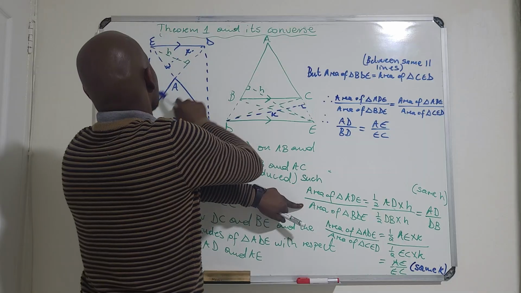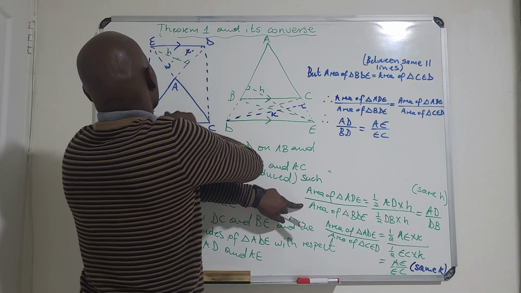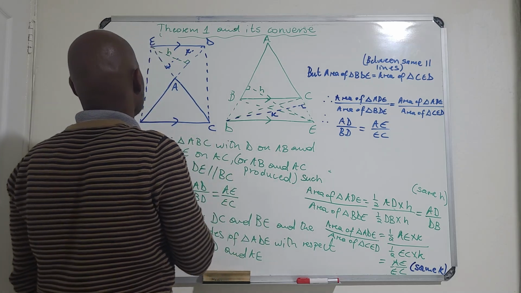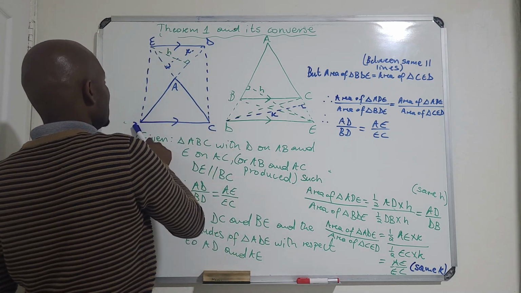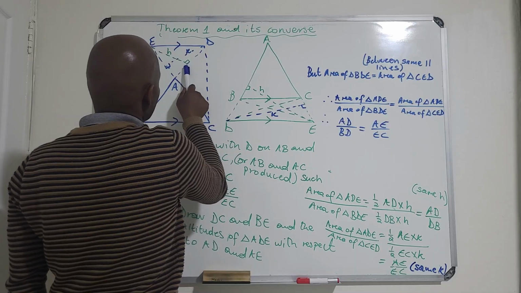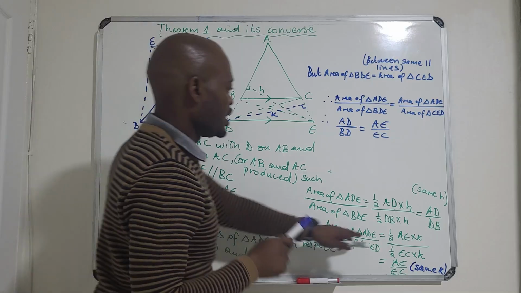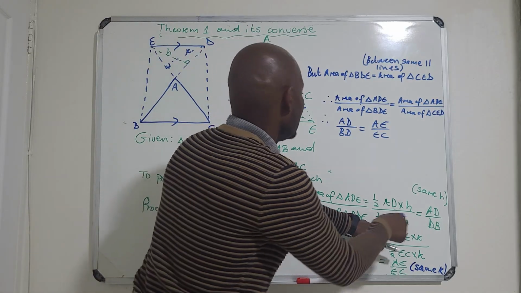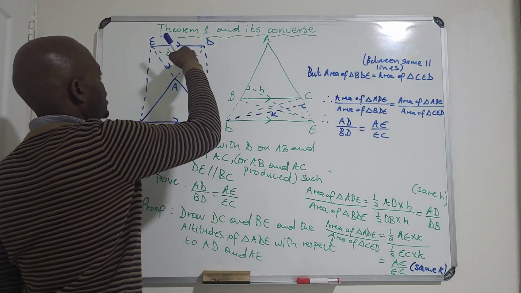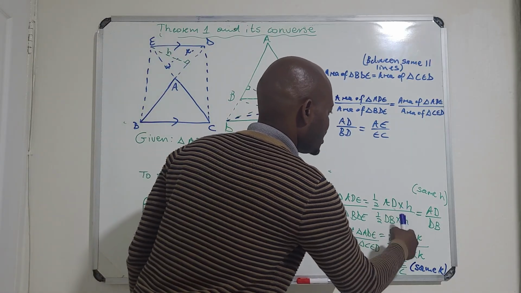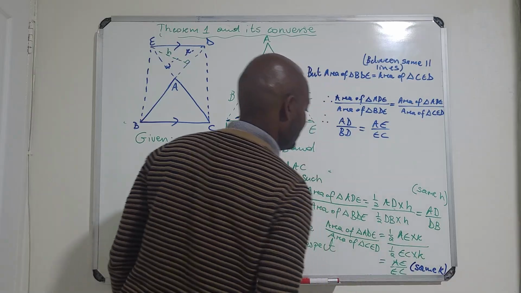The area of this triangle here, obviously its base is BD, because the height is that. There's your height. Its base is BD. That is why I've got half BD times height. Now, since they've got the same height, we're going to have AD over DB.